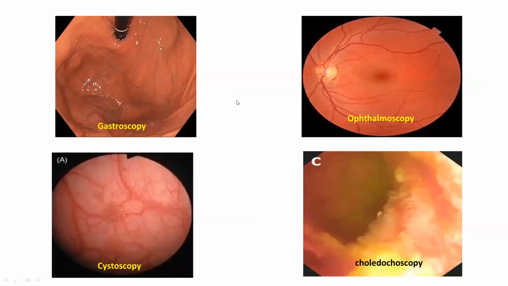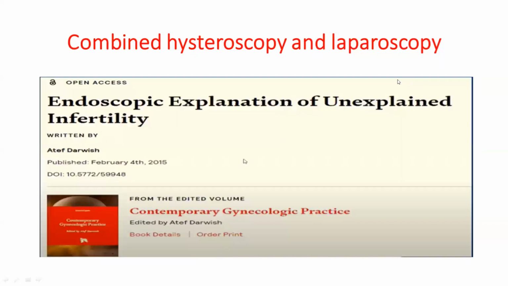If I think of the fundus of other organs, like gastroscopy, the stomach fundus, cystoscopy, the bladder fundus, the eye fundus in ophthalmoscopy, and the gallbladder fundus, we will not see any defective line in the fundus of these organs. And after that, we started to do combined hysteroscopy and laparoscopy for assessment of infertile women.